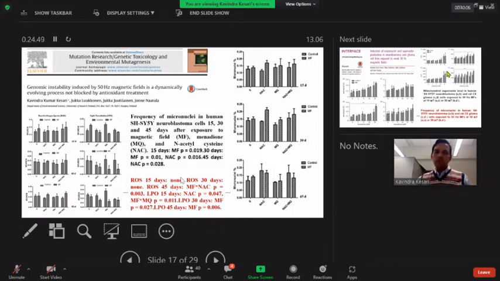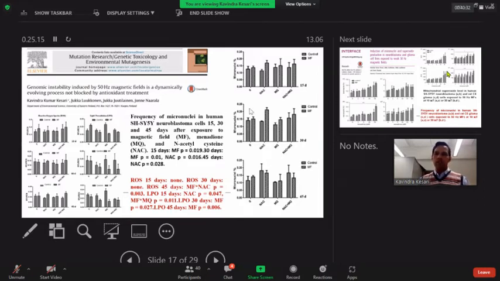The concept of this study was to see how these radiations are affecting the progenies. You can see that after 45 days, these cells were still containing some radiation effects. This concept is known as genomic instability, which goes from parents to their progenies. So this is a very interesting study.